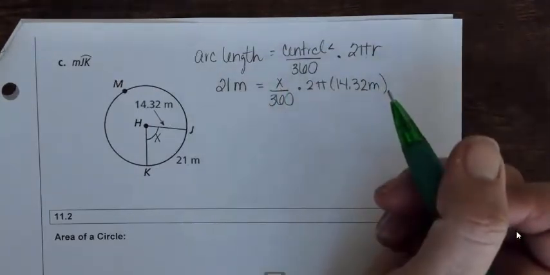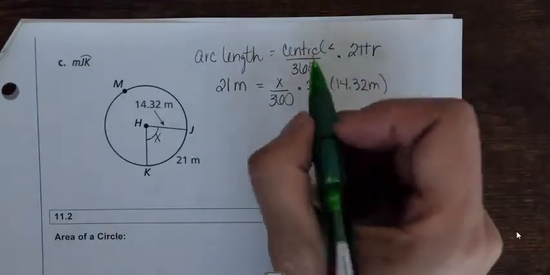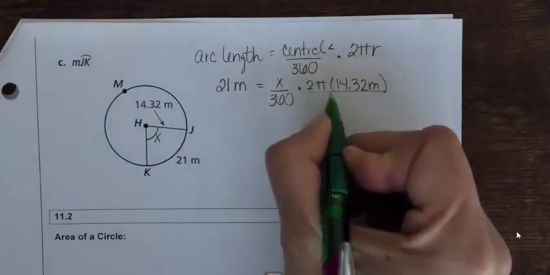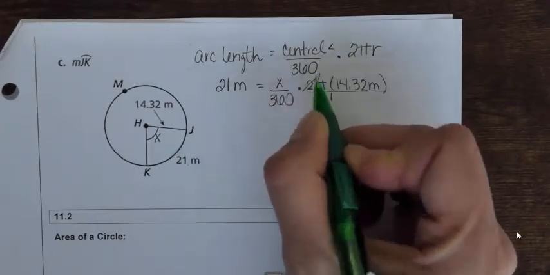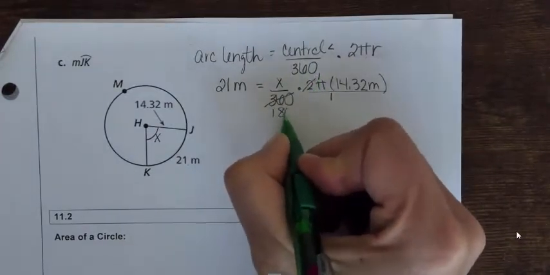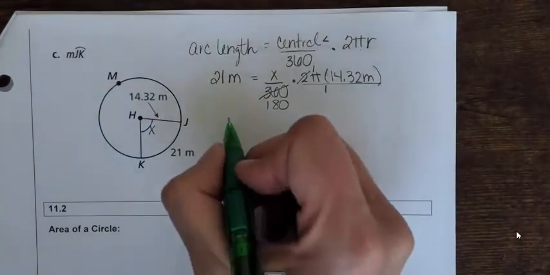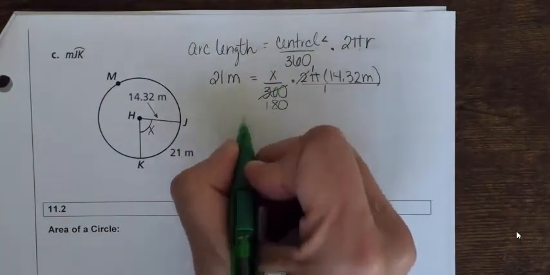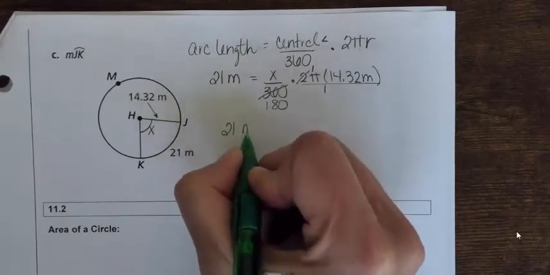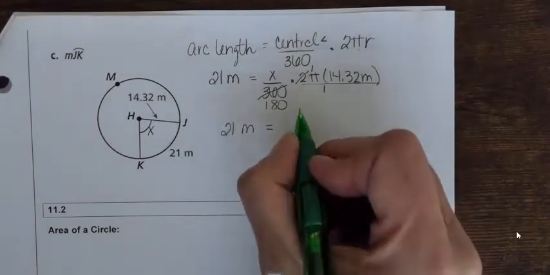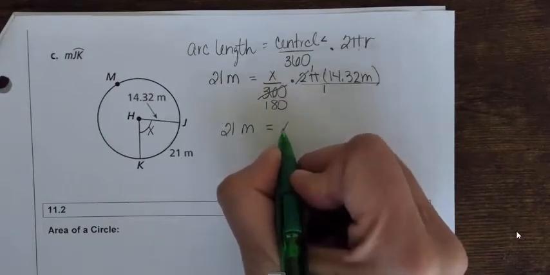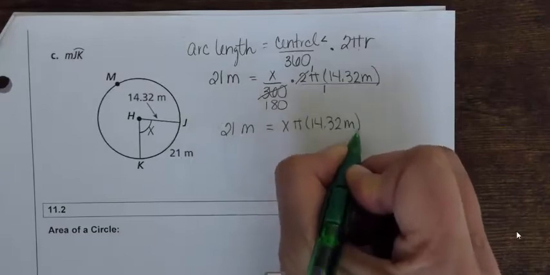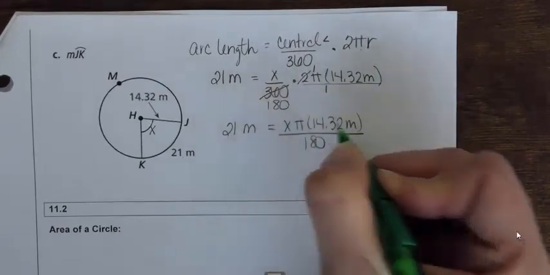Let me simplify the 2 and the 360: the 2 reduces to 1, and the 360 reduces to 180. Not that that helped a whole bunch. Now I'll write the whole numerator over the denominator: 21 meters equals x times pi times 14.32 meters, all over 180.